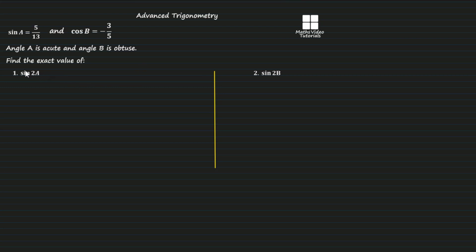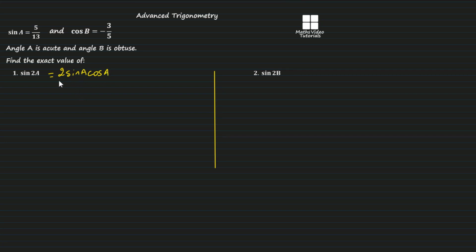First thing you need to do is to rewrite sine 2a in terms of a single angle. Using the double angle identity, this gives us 2 sine a cos a.